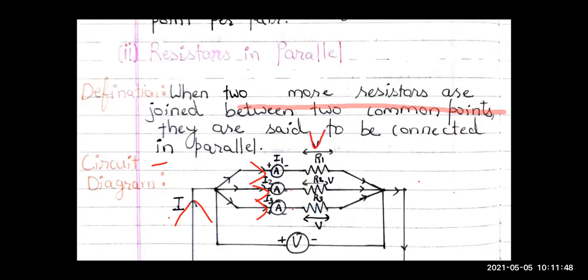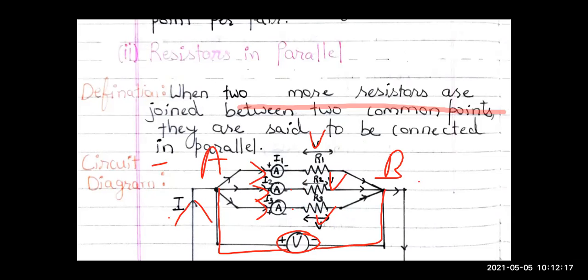That is V across R1, V across R2, V across R3, and V across all the three together, that is across points A and B. So the value of potential difference is same. As in series, current I was same, here in parallel, current is different, but potential difference V is same for each resistor.